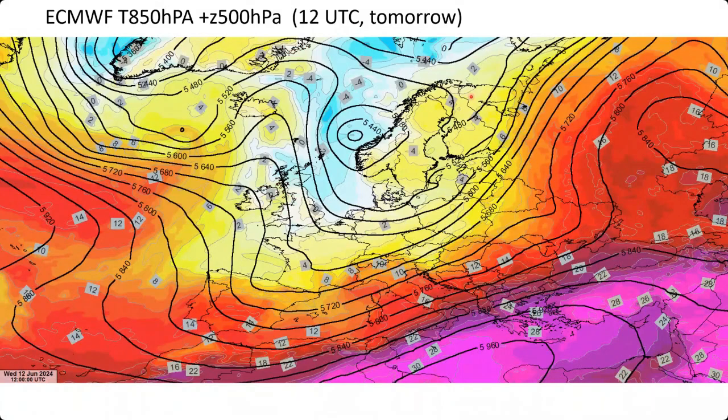And here is the same for tomorrow, 12 UTC. It looks to be holding a similar pattern for at least a couple of days, but the warmest air mass in the southeast of Europe looks to go away during the weekend.